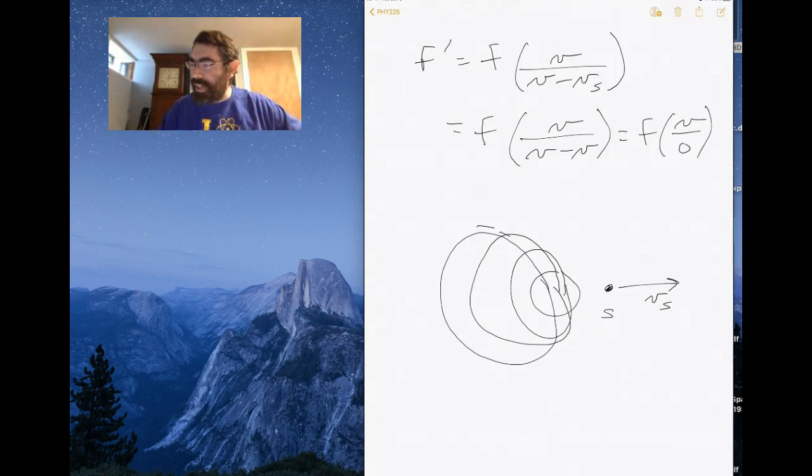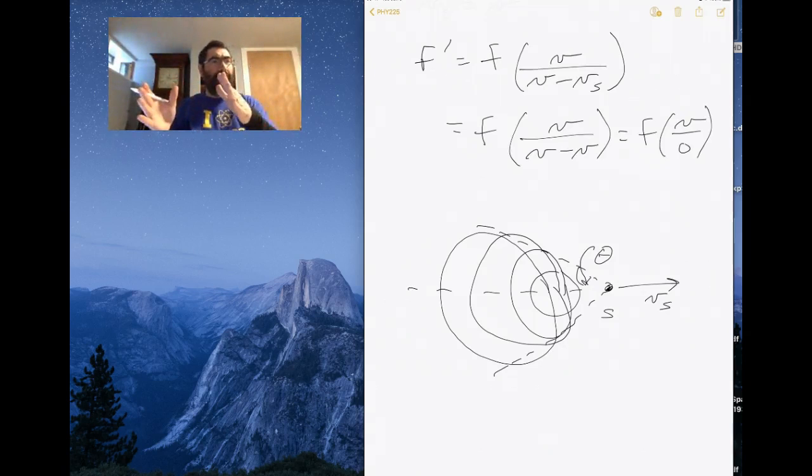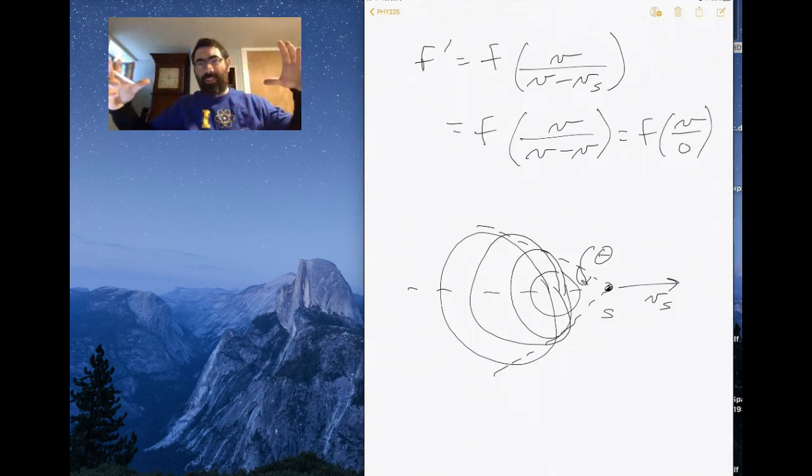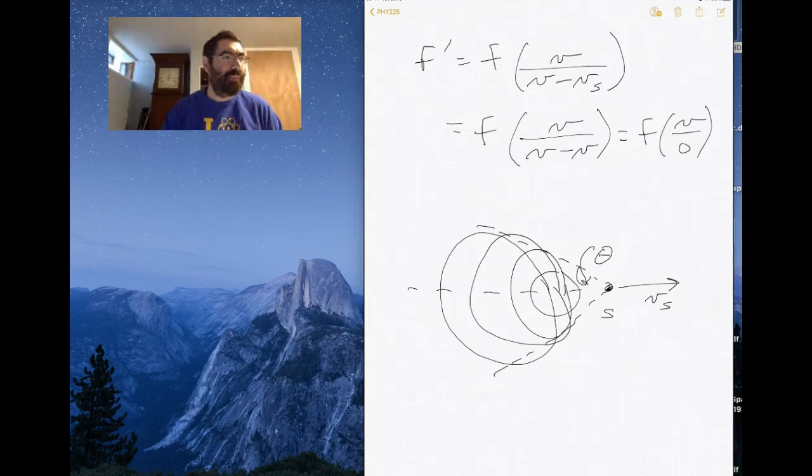But in the end, you can actually calculate from the speed an angle theta right in here, which represents how fast the source is going and how fast the sound waves can expand out.